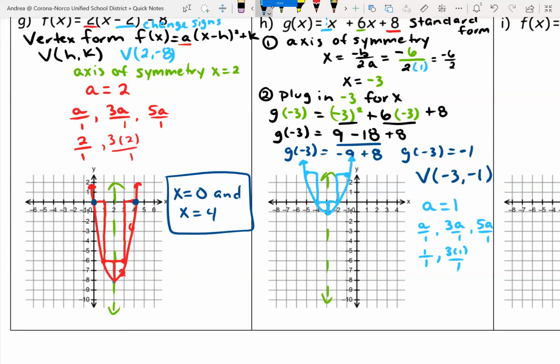Again, what we're looking for is where it crosses the x-axis. So that would be here and here. So our solutions are x equals negative 2 and negative 4.